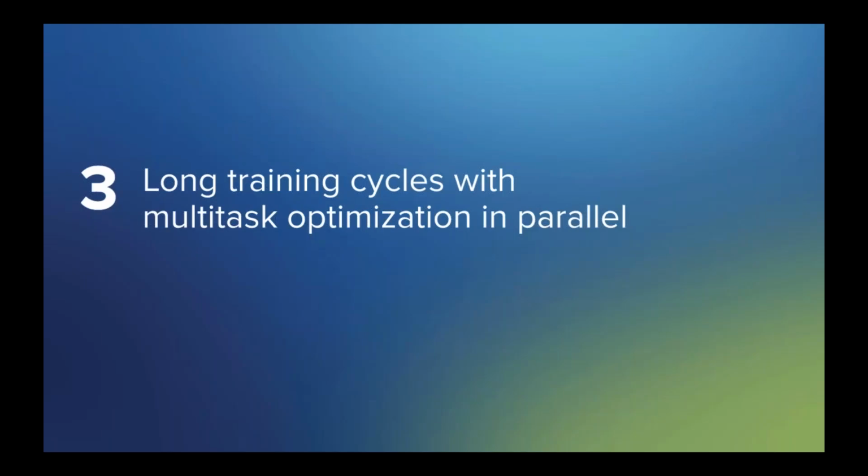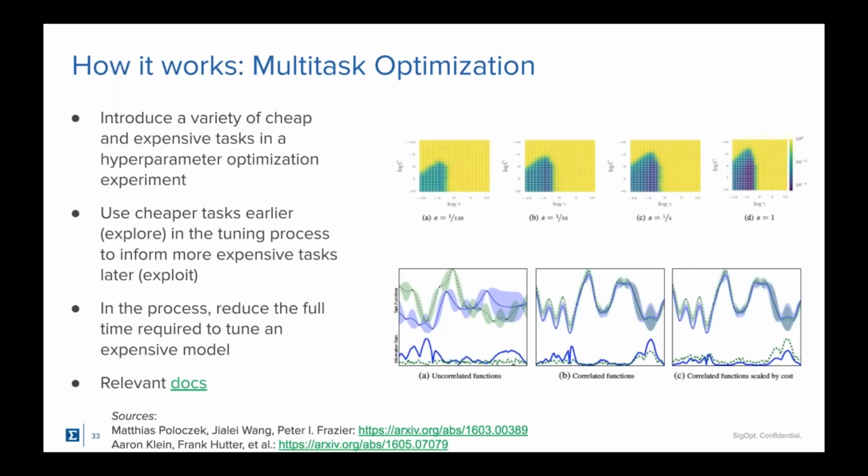My final example here will be around long training cycles and leveraging a technique from the academic literature called multitask optimization, and specifically doing that in parallel. So the intuition here is when you're dealing with a really large deep learning system, reinforcement learning system, algorithmic trading strategy, whatever it may be, sometimes it can take a really long time to see how a specific configuration has performed. So maybe it takes hours, days, maybe it takes a large cluster in order to even compute the result of a single solution.